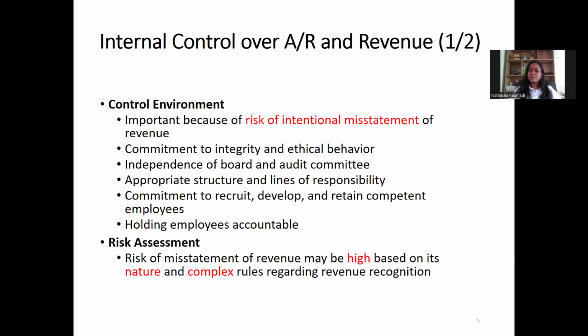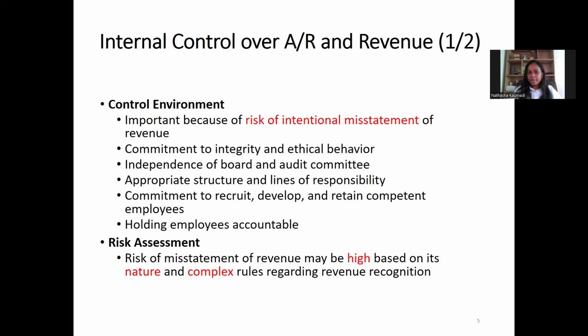If they are not thinking about those things and they are just recruiting someone who is familiar or a relation like that, they are not thinking about the quality of the work, right? That is control environment. And holding employees accountable, those are the characteristics we have to see when it comes to analyzing control environment.